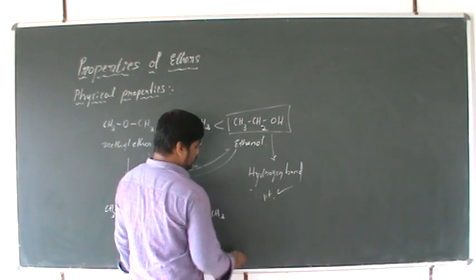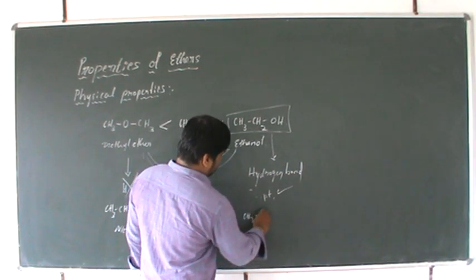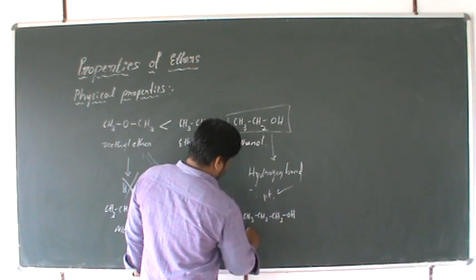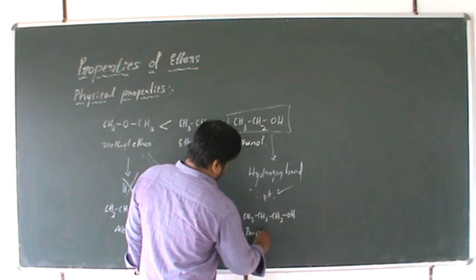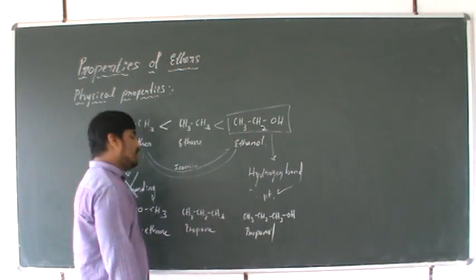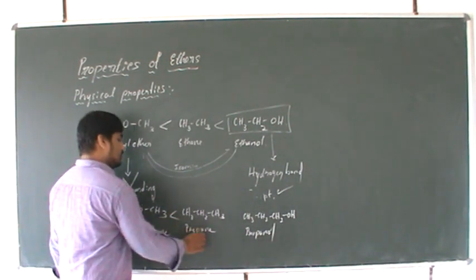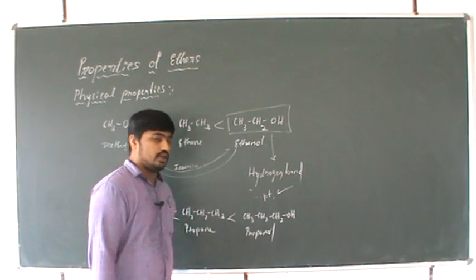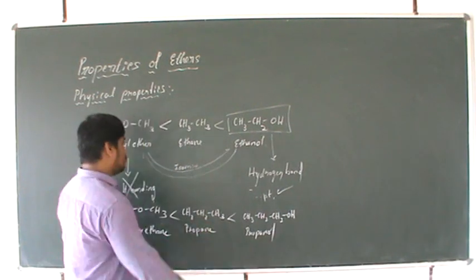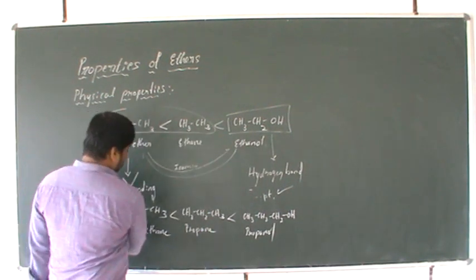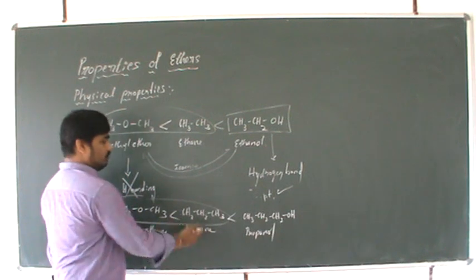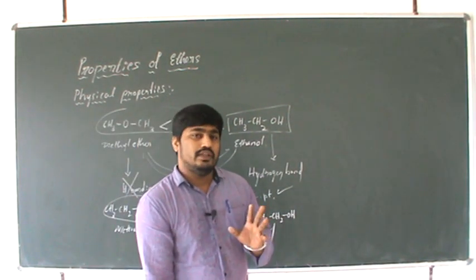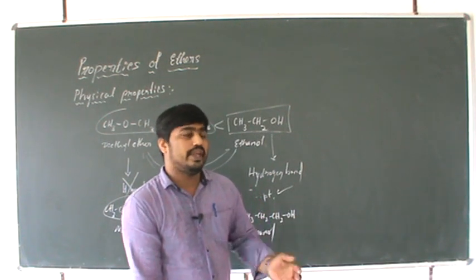Next, consider CH3CH2CH2OH, propanol. When you compare these three, ether has a low boiling point, alcohol has a high boiling point. These two, the alkane and the ether, have a very small difference in their boiling points. Okay, this is a very important thing from the exam point of view.